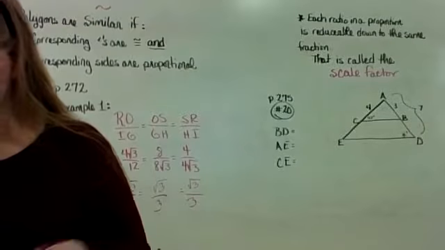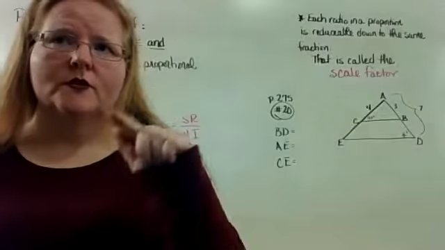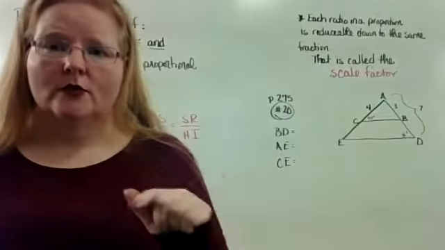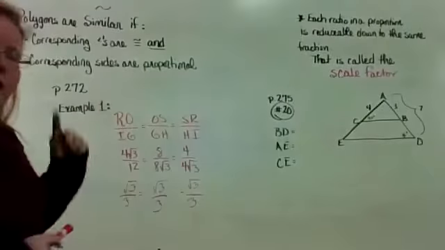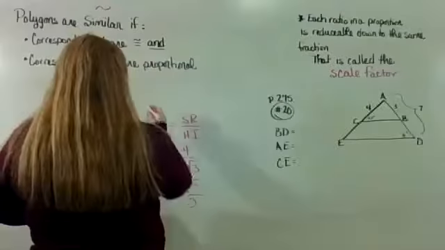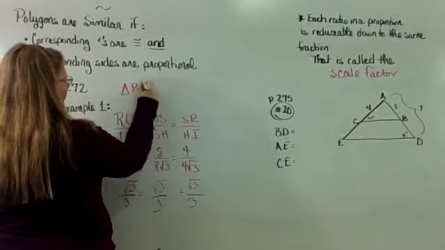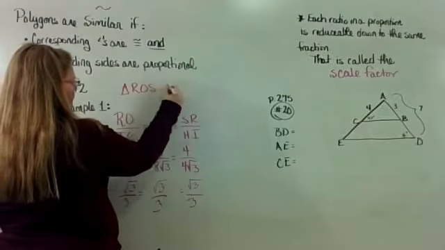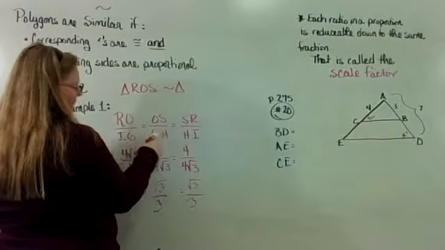Make sure when you're writing your similar polygons that you are making the corresponding angles in the right spot. So for this one in particular, if I say the triangle ROS is similar to triangle, I need to make sure I match up my angles.